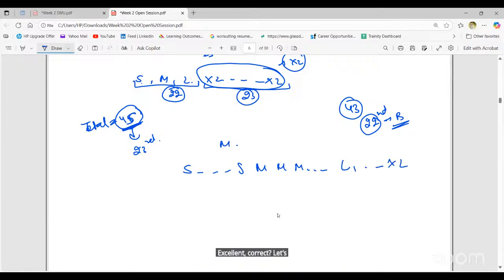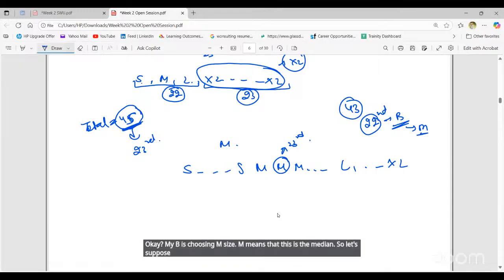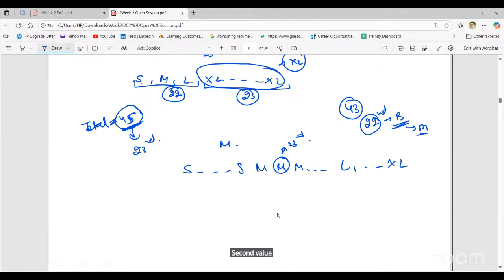Let's suppose this is my 23rd place. So if I say that B is choosing M size, M means that this is the median.